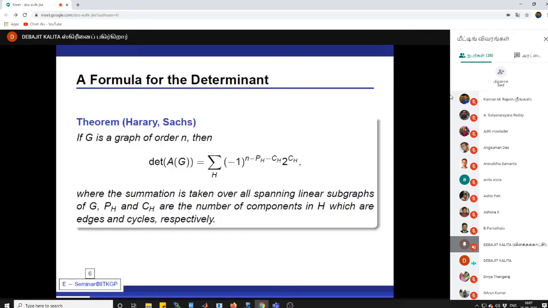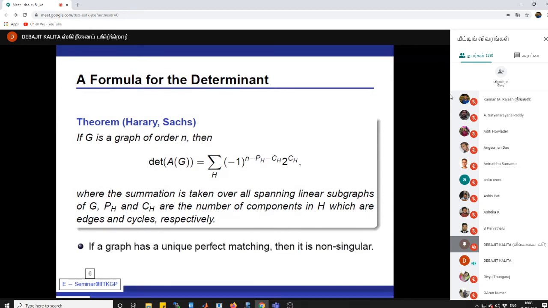Then Harary and Sachs came up with a solution to that question. They have independently found this formula for the determinant, which tells us the determinant of the adjacency matrix of the graph in terms of the graph structure. I think it was in 1962 or something like that. That's why people name this theorem after Harary and Sachs.